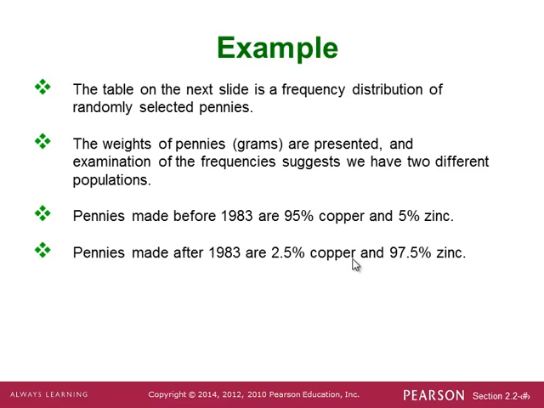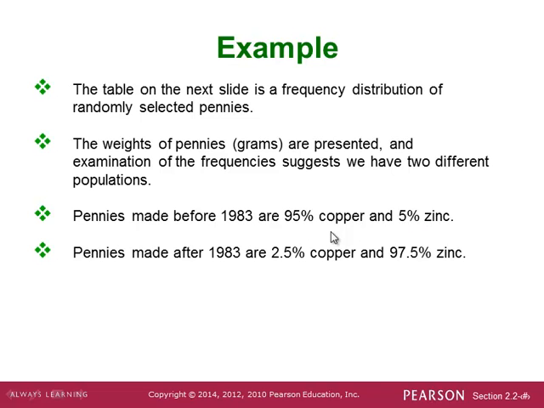So this is the example. Suppose that we take a random sample of pennies from the store that you've been running the cash register for at the end of the day. It turns out that for the U.S. Mint, pennies made before 1983 are 95% copper and 5% zinc.